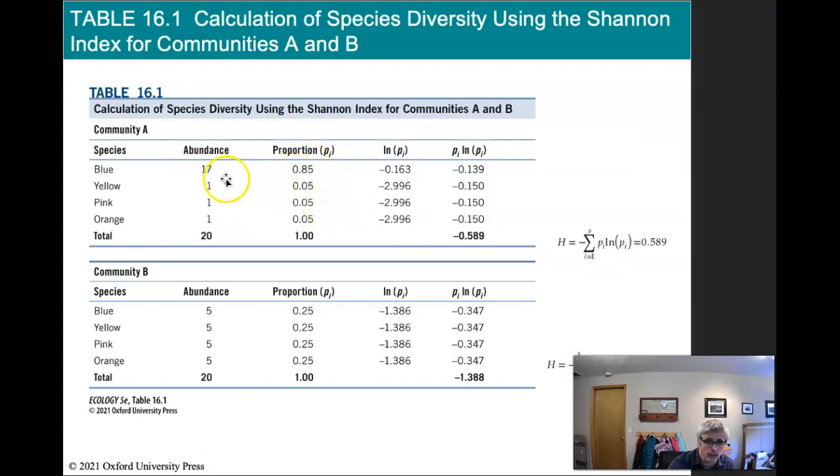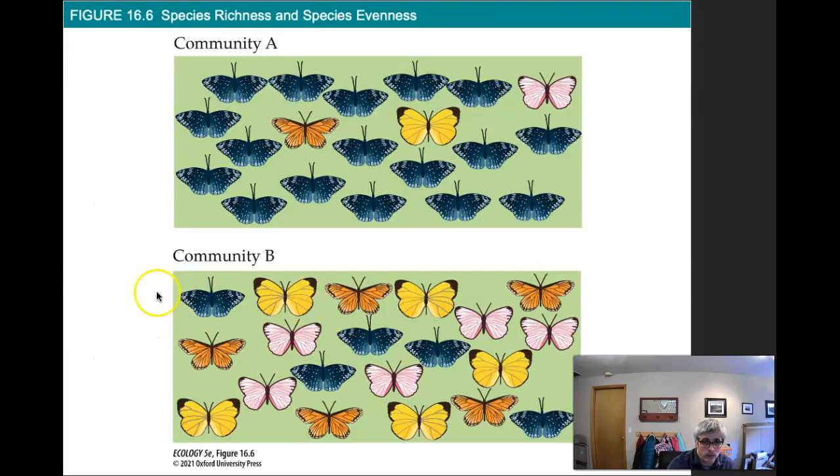So we'll go back and look at these numbers coming from the relative proportion here. So 0.85 for the blue and 0.05 for the three others. And again, an even 0.25 relative species proportion for the 4 species in community B. So again, high species evenness, their relative abundance is all the same, where community A is dominated by the blue.